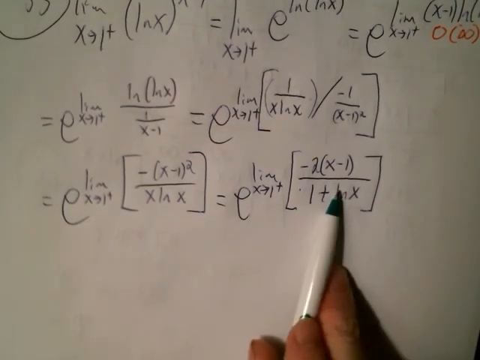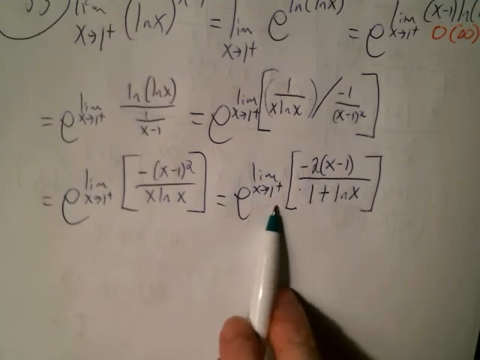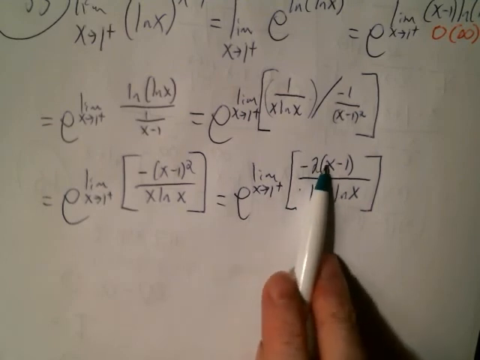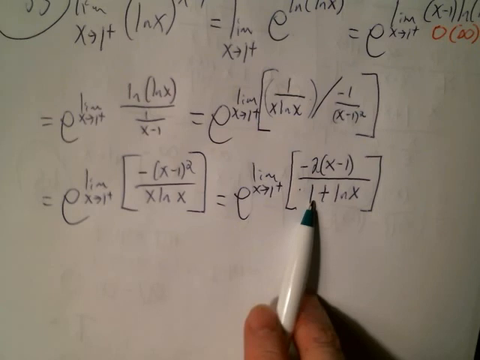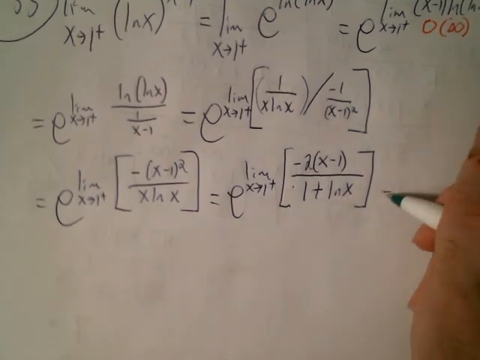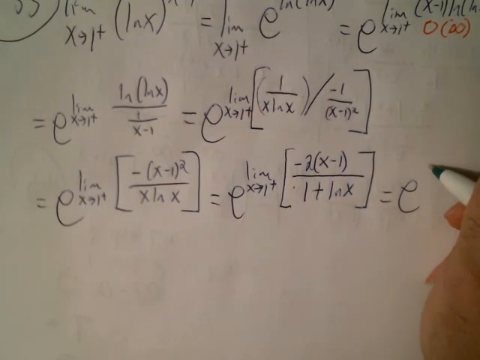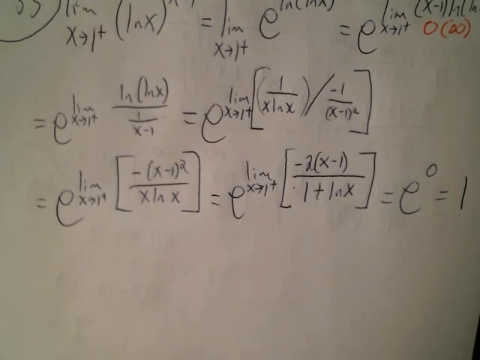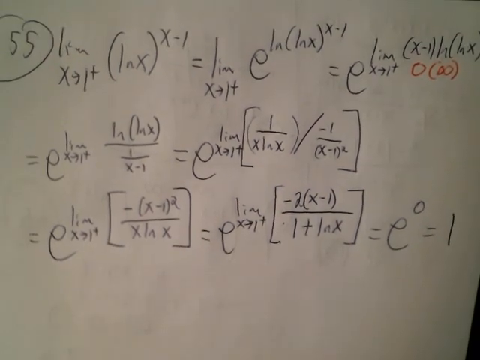Now it's no longer that 0 over 0 form. If you plug 1 in, certainly in the top you get 0, but in the bottom you're getting 1. Ln of 1 is 0, 1 plus 0 is 1. So now it's just e to the 0, and e to the 0 is 1. So the limit of that guy turns out to be 1. Thanks for watching.